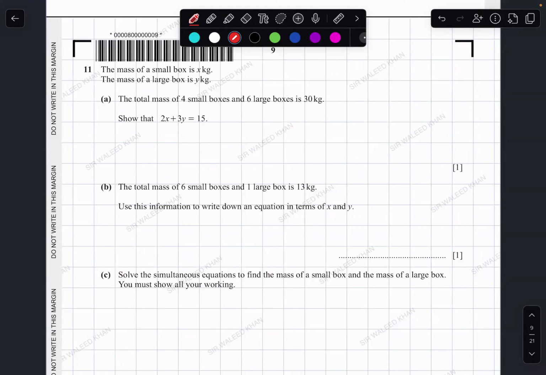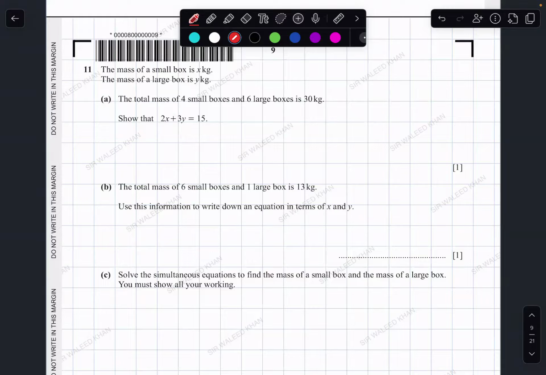Now, the mass of a small box is x kg, and the mass of a large box is y kg. The total mass of 4 small boxes and 6 large boxes is 30 kg. Show that we have to make an equation like this. So what should we do? The mass of small box is x kg and the mass of large box is y kg.